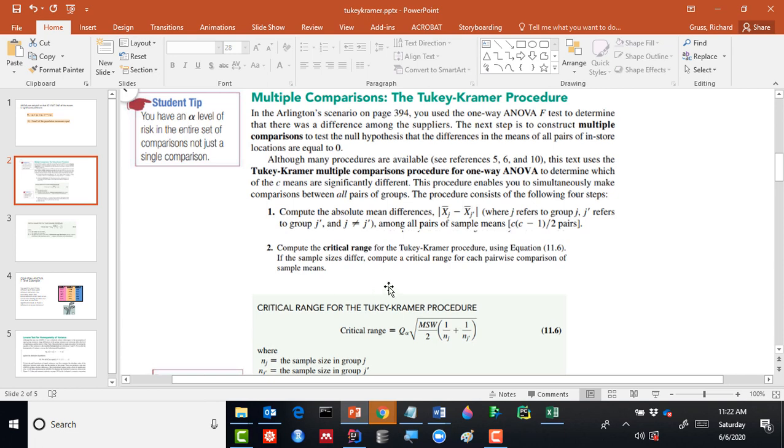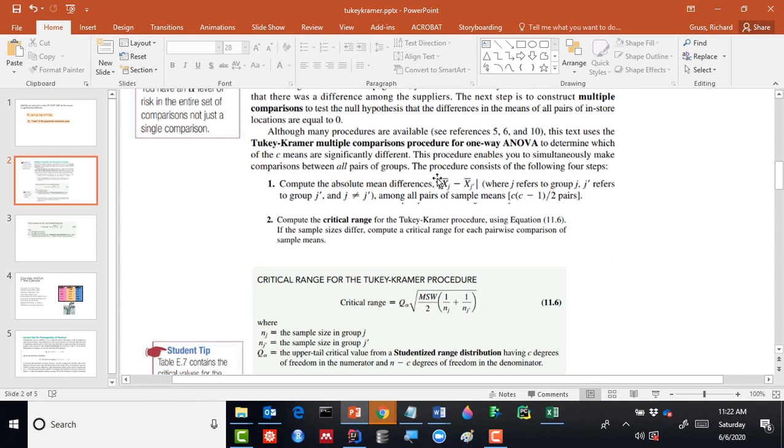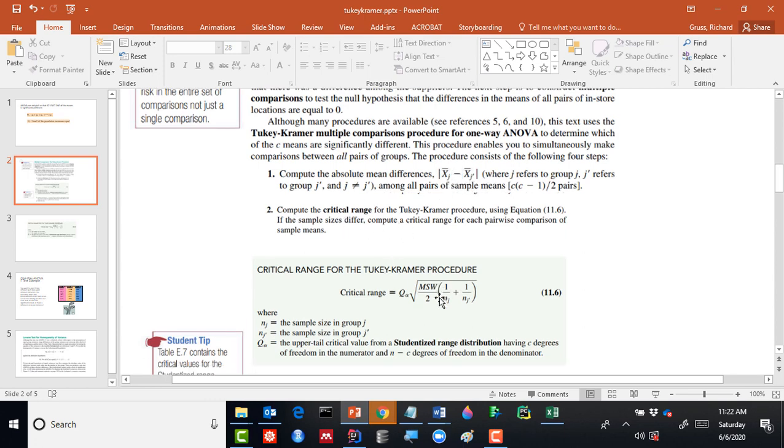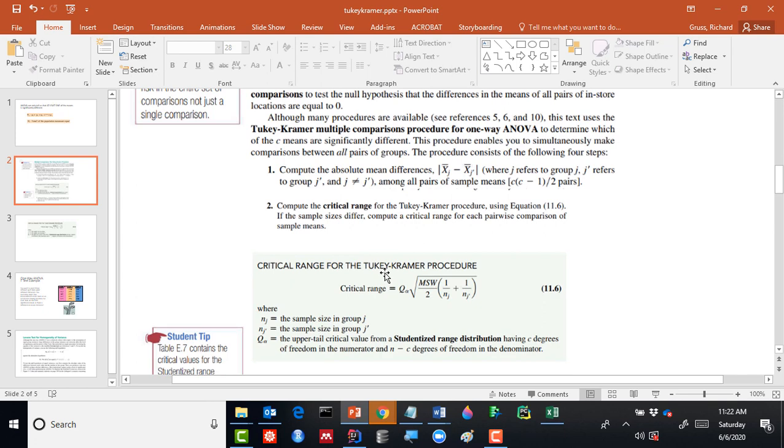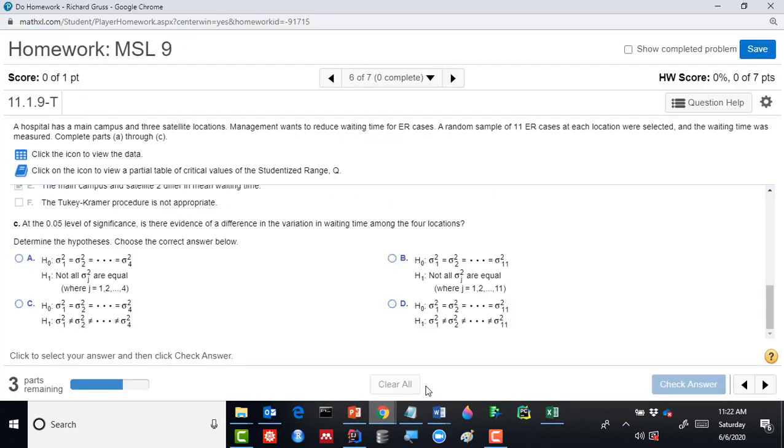We need several different pieces of information. This part is easy: we just find the average for each group and compare it to the average of the other groups. But then we have to see if it's larger than this critical range, and for this we need a couple more pieces of information. I'll show you how to find those by going through a problem.